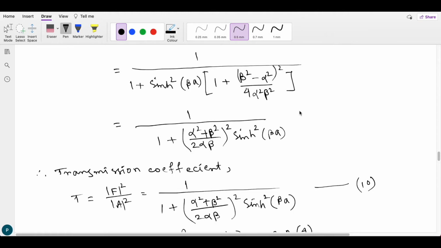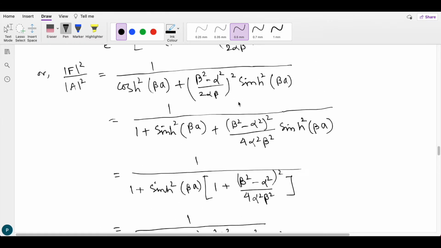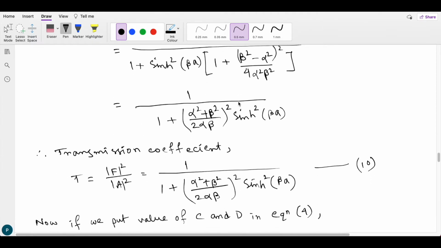So I have just used that algebraic identity here, and we get alpha square plus beta square in the numerator, and we have 4 alpha square beta square in the denominator. So we get mod f square by mod a square equals 1 by 1 plus ((alpha square plus beta square) by 2 alpha beta) whole square into sin h square beta a, and we know this is the transmission coefficient.